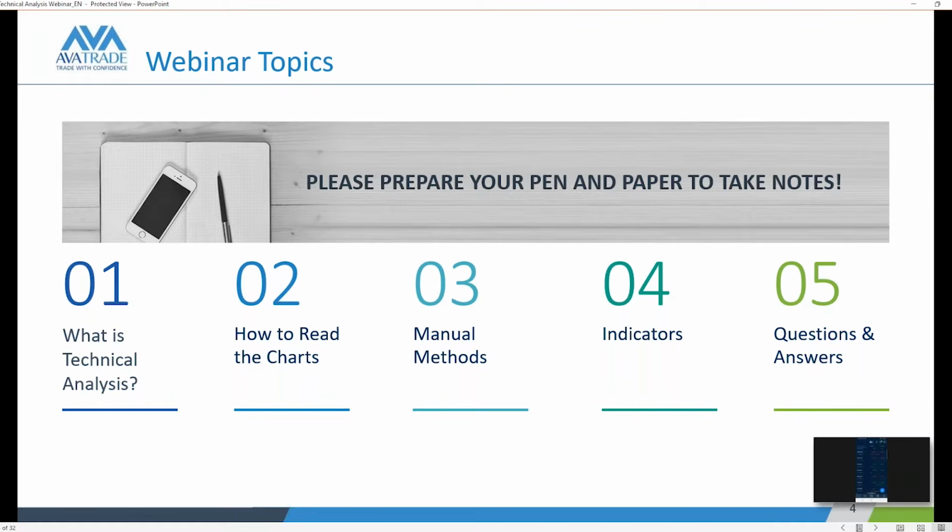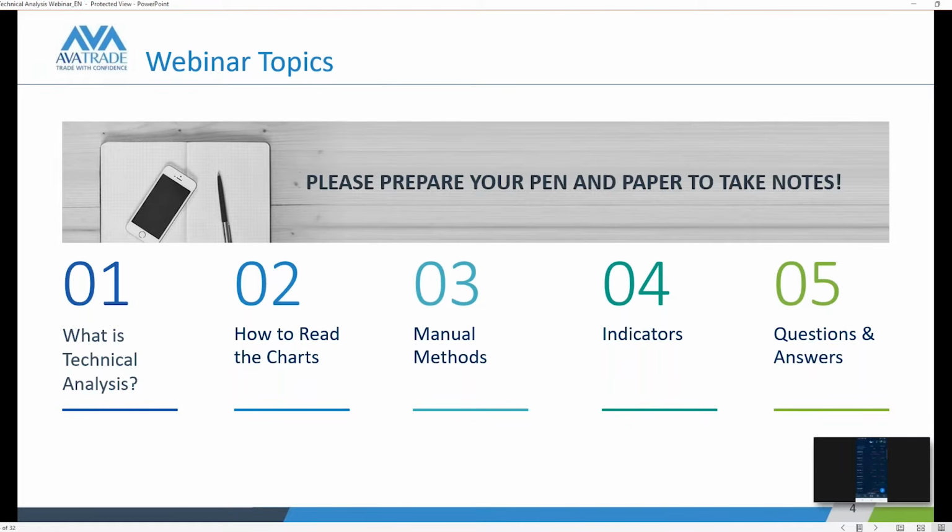We'll take a look at how our web trader platform and the AvaTrade Go mobile app can assist you with your technical analysis, simplify things, get some of the work done for you, and make things a bit easier as you go into deciding what to trade on, and save you time in terms of the technical analysis work that many times you have to do manually.